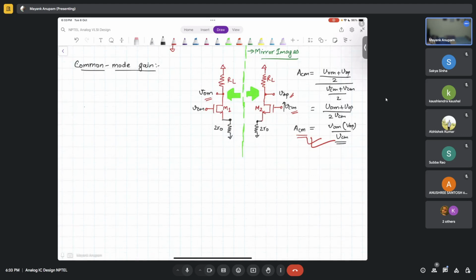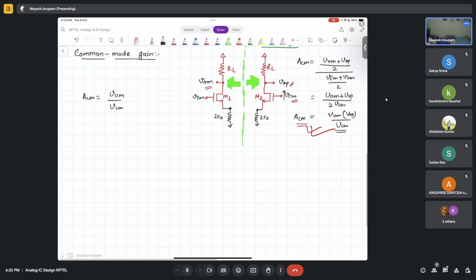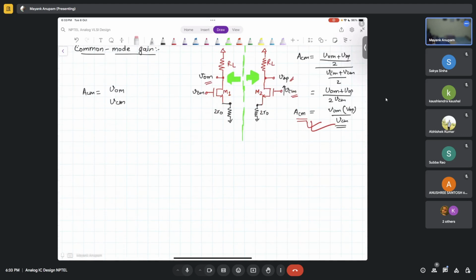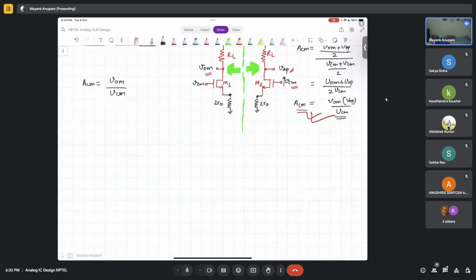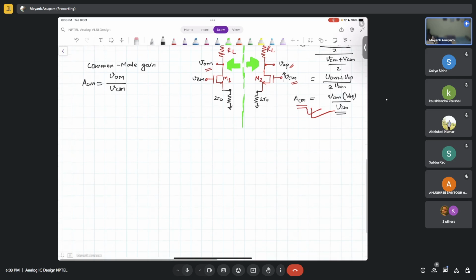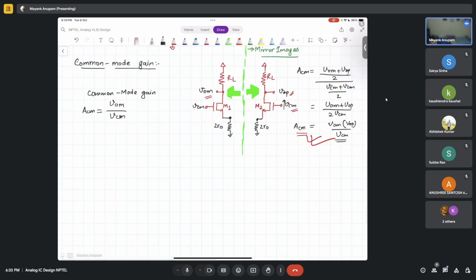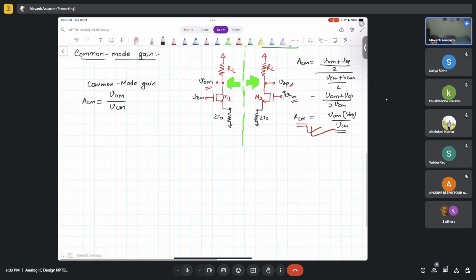So gain ACM is equal to VOM by VCM. It is time for you to revise, okay? So you guys should revise this thing. This is basically your common mode gain. And how will you find it out? Gain can be found in this manner.